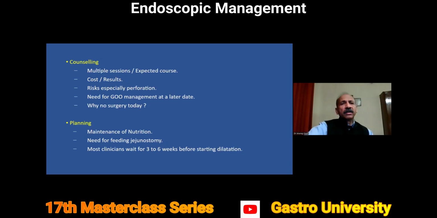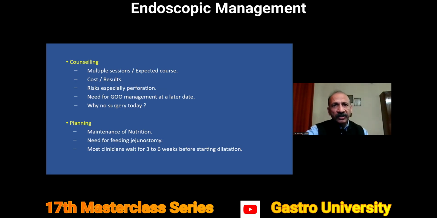With this information, I can plan, and also plan at the same time how best I will maintain the nutrition for the anticipated number of dilatations. This could go on for months and years. So I have to be very sure that I maintain the nutrition. Do I need a feeding jejunostomy? And when do I start dilating these patients?